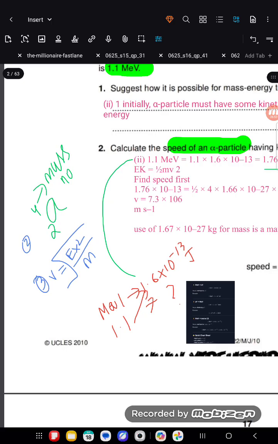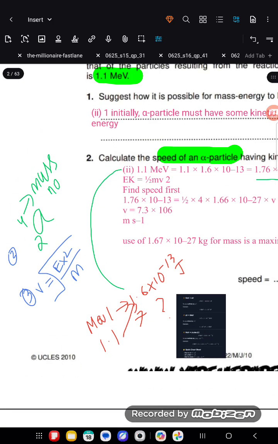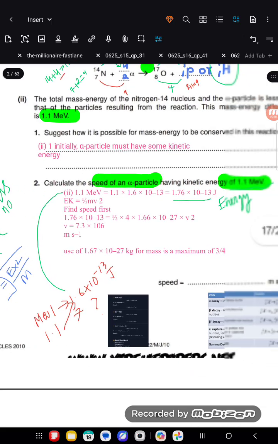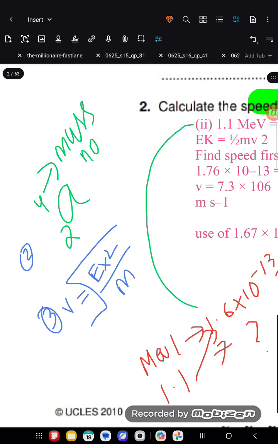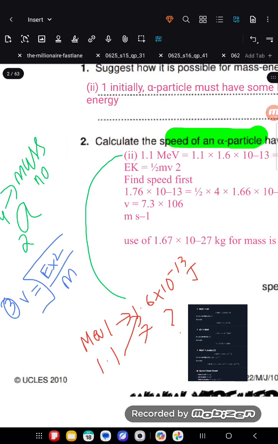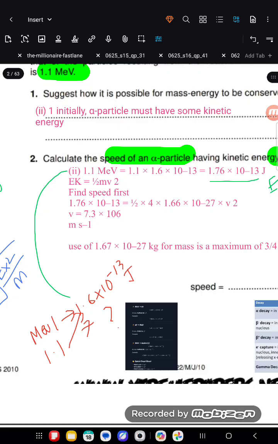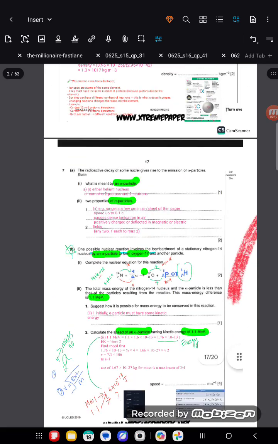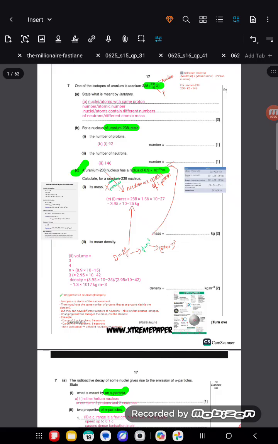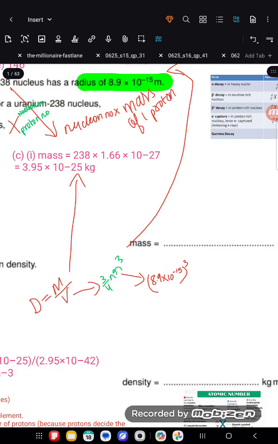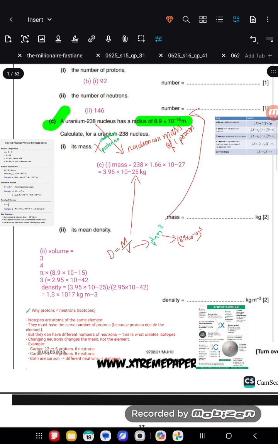Energy we got, and mass. What about mass? The mass number for an alpha particle is 4. You will not just write 4, because as I said, the mass of one nucleon is 1.6 into 10 raised to minus 27, which is the mass of 1 proton.